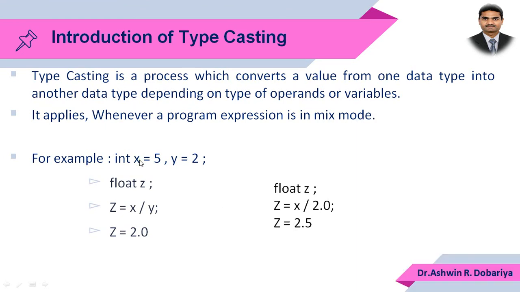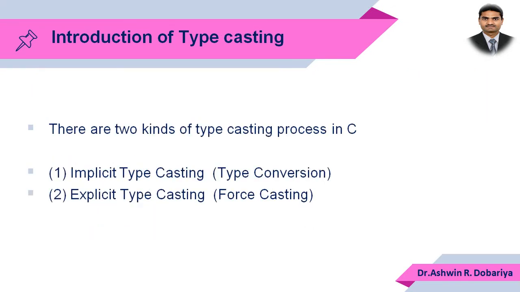Now let's go into the depth of the types of typecasting. In C language there are two kinds of typecasting processes. One is implicit typecasting. Implicit, the meaning itself says internal. So implicit typecasting is also known as type conversion, and generally implicit typecasting is performed by the compiler itself according to the data type.